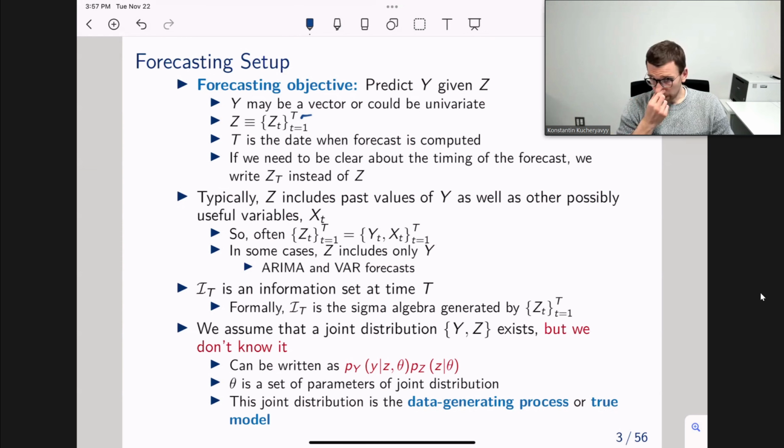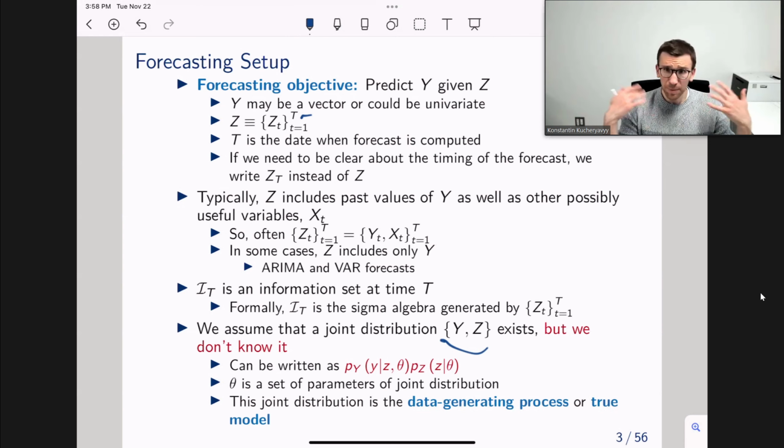Then we assume that there is some joint distribution of Y and Z, which we call the data generating process or the true model. In reality, of course, we usually don't know it.